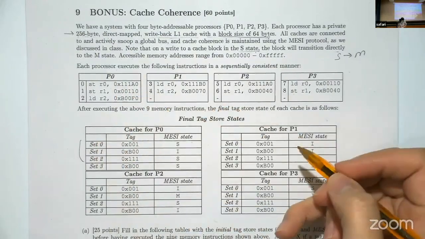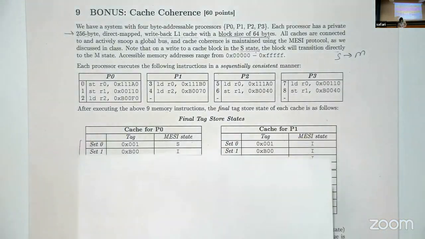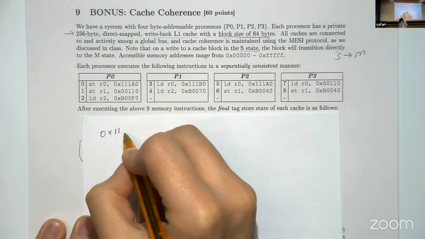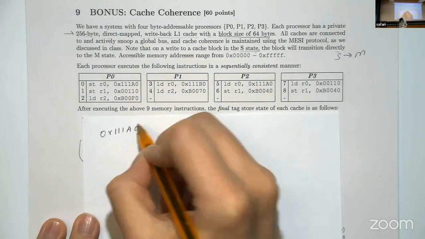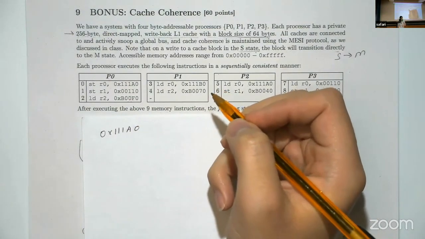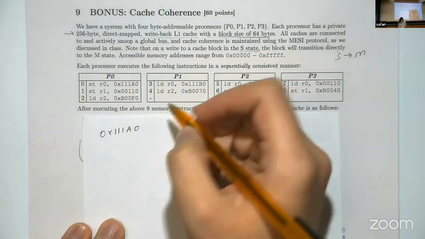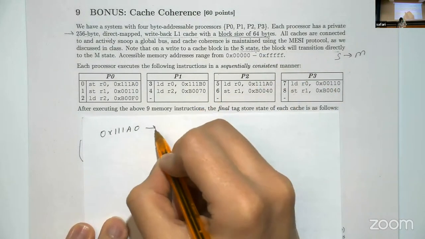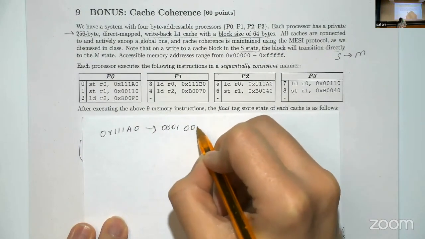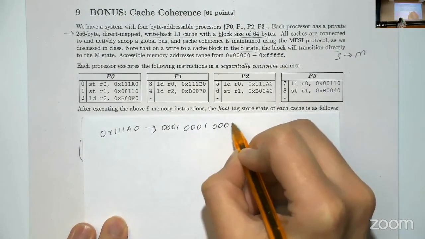Let's take the first one and write it in a way that we can see the set bits, so that we know which set we will write that cache block to.